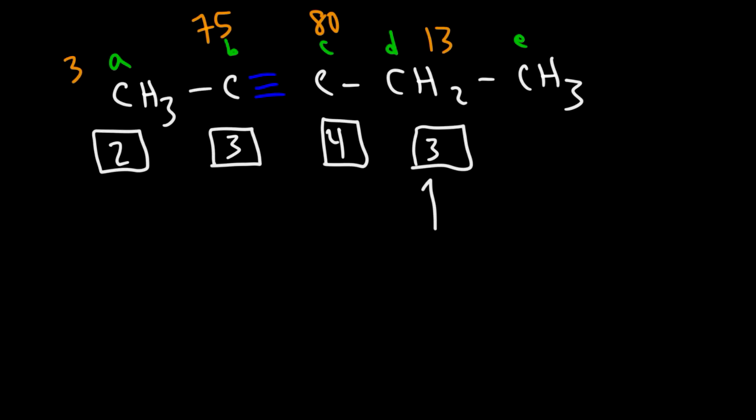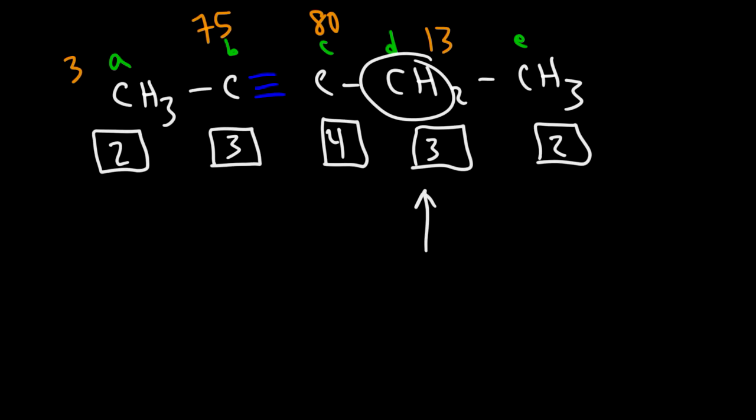Now let's compare carbons D and E together. Which one will have the higher chemical shift? Now carbon E is adjacent to a secondary carbon, so it has a score value of 2. So you might be inclined to think that carbon D should have the higher chemical shift because it has a higher score value.